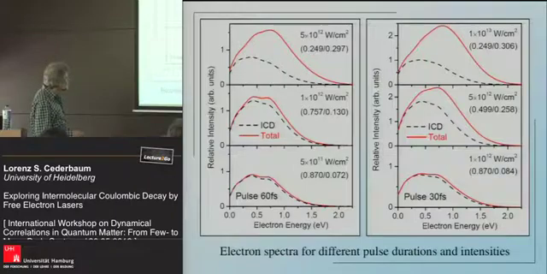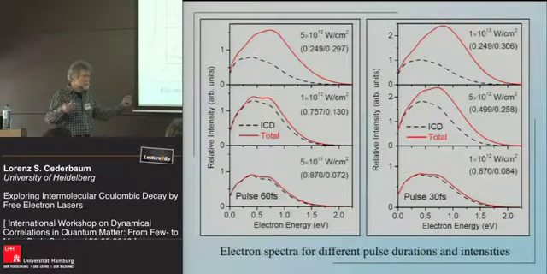But here we see the fraction, after the pulse is over, of neutral dimers which have survived, and the fraction of single ions which, so to say, survived. All others are neon plus pairs. So it means either ICD or direct ionization of the two neons. Okay?